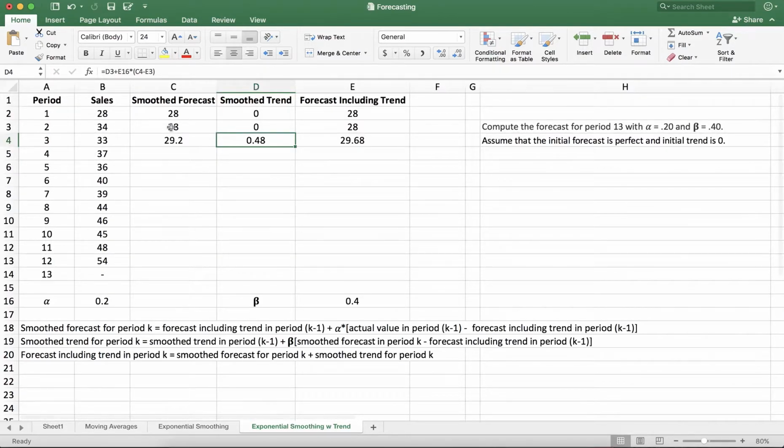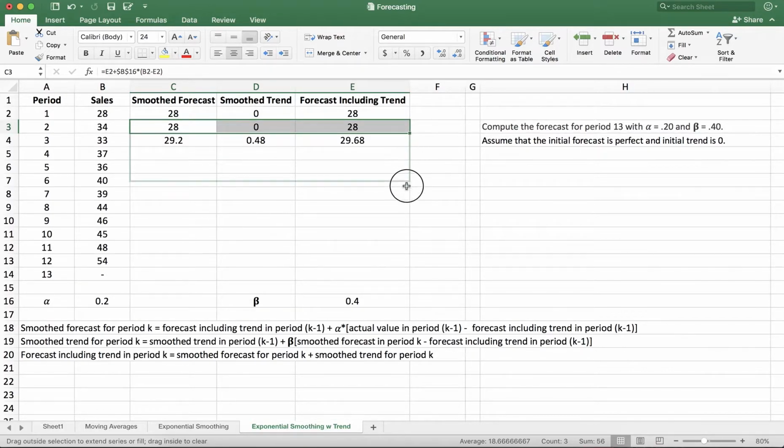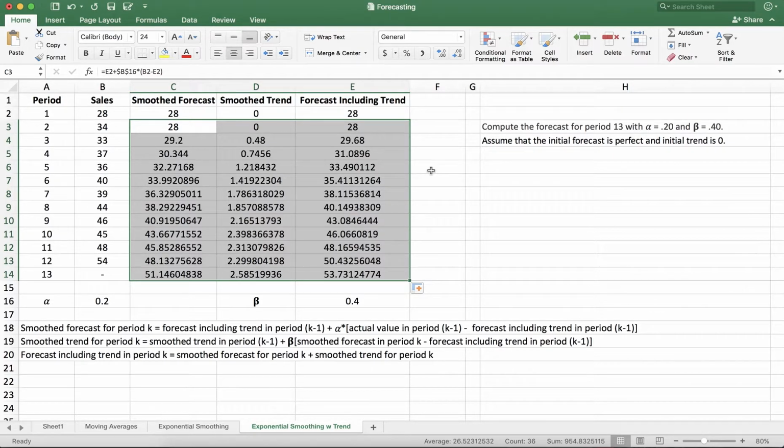So here's what I'm going to do. I'm going to select all of these 3, go to the bottom right, and drag all of them at the same time down. By doing so, I don't need to calculate any of the upcoming smoothed forecast, smoothed trend, or forecast including trend manually.